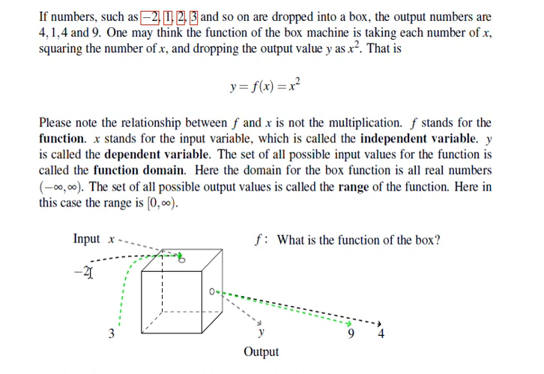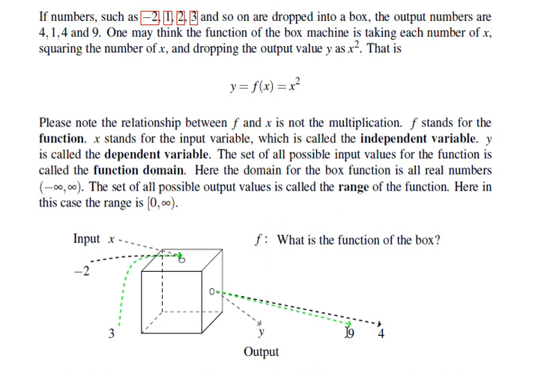When we input -2, drop it in here, and we get +4 out. You see here. And we can also drop in the number 3 here.